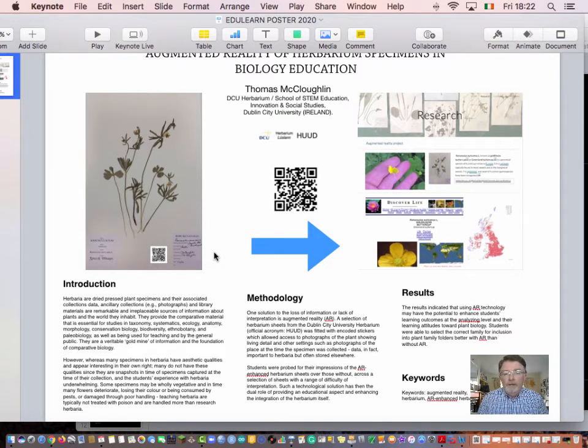But when you have a herbarium sheet, and what I've done here is put a QR code on the herbarium sheet, the QR code brings me to a web page where a lot of things of that nature have been dumped in, such as other web pages, photographs, and small snippets of text.